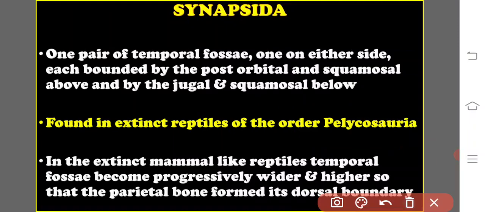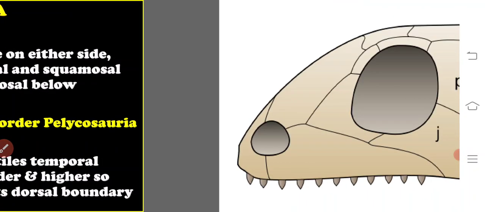In the extinct mammal-like reptiles, temporal fossae became progressively wider and higher so that the parietal bone formed its dorsal boundary. This is also one specialty of the extinct mammal-like reptiles.